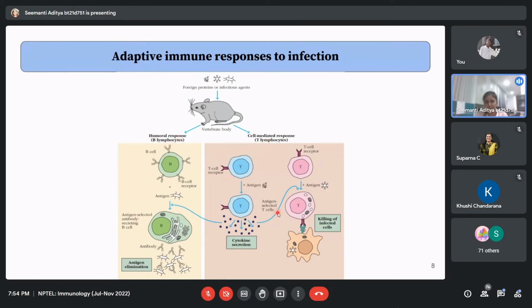And cell mediated is when T cells are recognizing the antigen processed by the antigen presenting cell and presented by MHC molecule. So it is directly causing the cytotoxicity of the cell. Nothing is getting released into the blood. So it's cell mediated response.